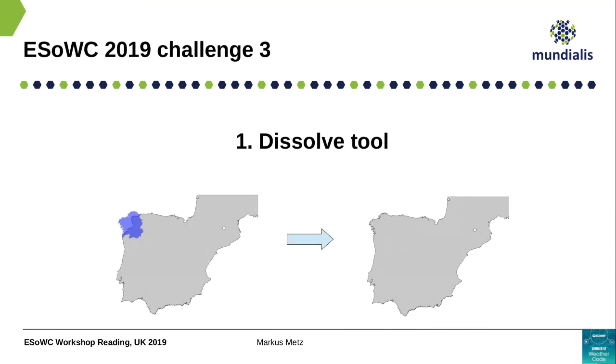In this case, it's overlapping, and that needs to be dissolved. The result you see on the right, and the first tool is doing this process automatically. All you have to provide is the input data, then hit run and wait for the output data to be generated. The tool has been designed such that no manual cleaning is necessary.